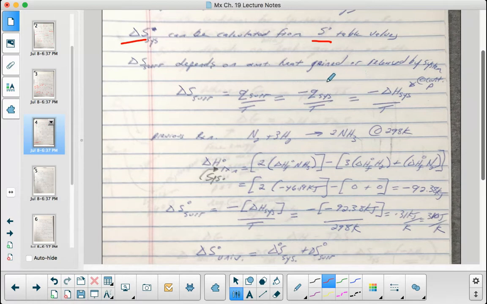So what I would have to do to find it for the surroundings, I would take Q of the surroundings, which is equal to negative Q of the system, just like we said back in chapter 5, that the surroundings is always opposite the system. And so the delta S of the surroundings ultimately is going to be equal to negative delta H of the system divided by the temperature.